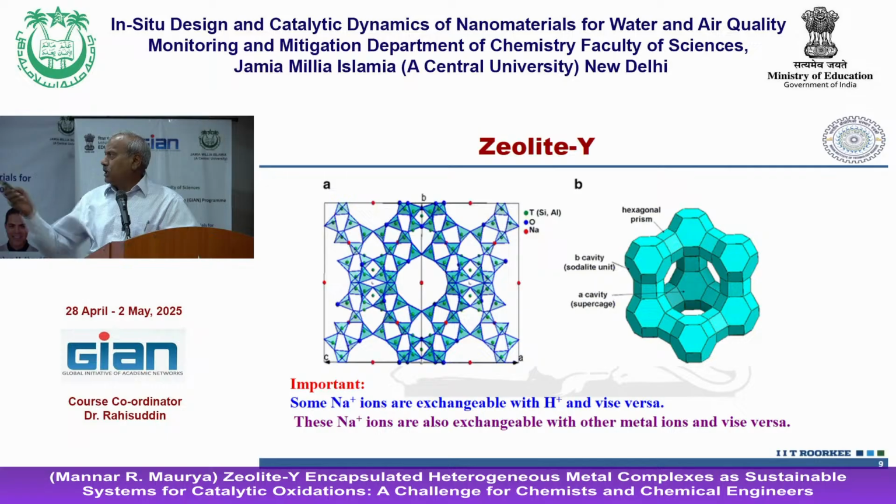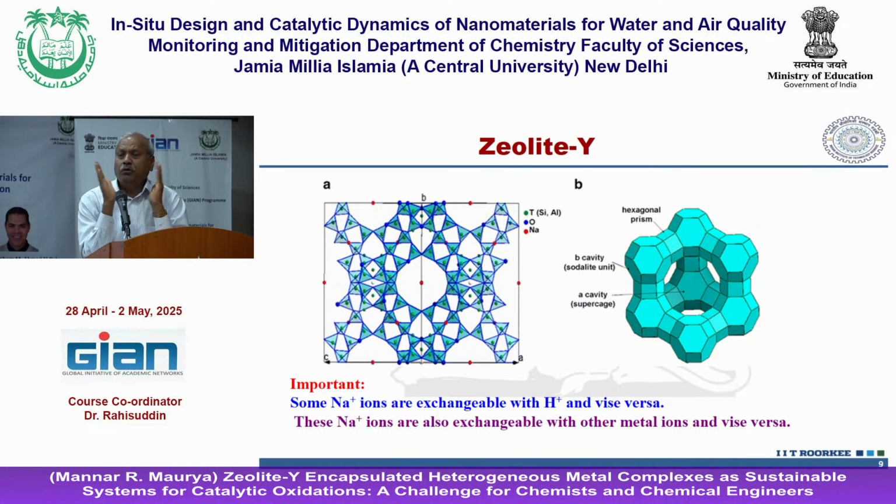Here all sodium ions can be replaced very easily with other metal ions. As I mentioned in the beginning, if you have a simple hydrogen ion, you treat it with mild sodium hydroxide, so all or most of the hydrogen can be replaced.